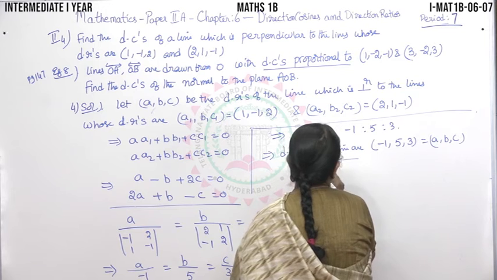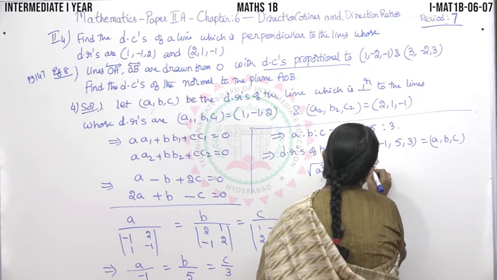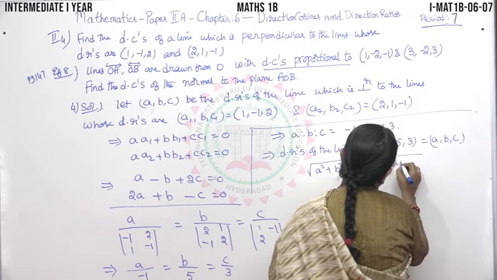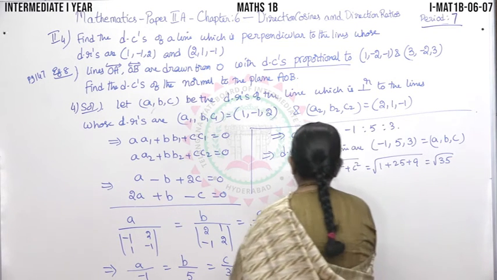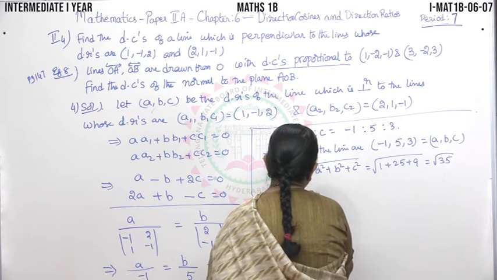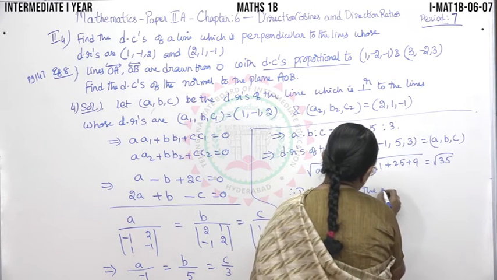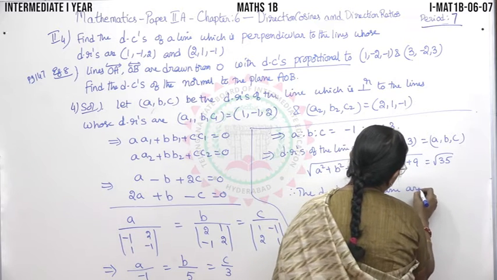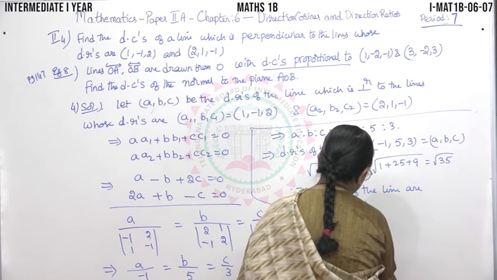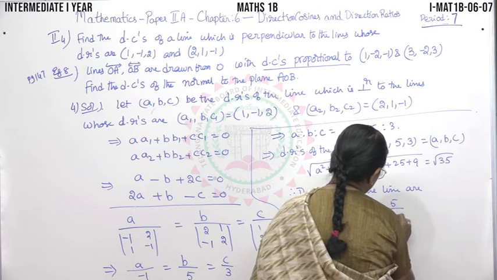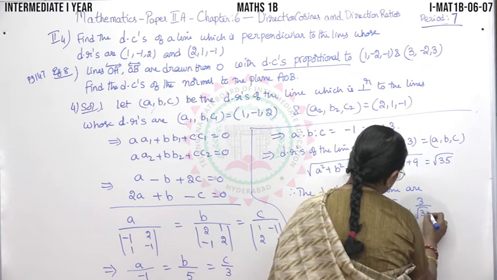Now find the root of a squared plus b squared plus c squared. That is the root of 1 plus 25 plus 9, root 35. Therefore the direction cosines of the required line are -1 by root 35, 5 by root 35, and 3 by root 35.